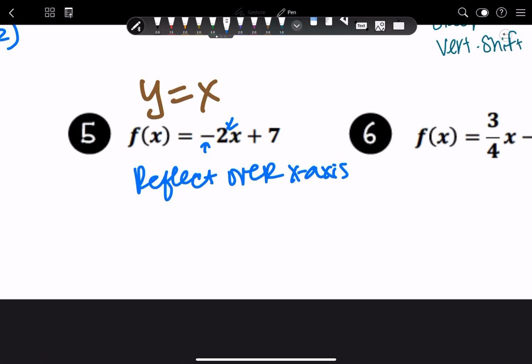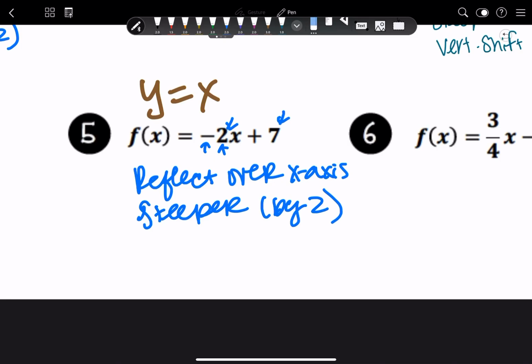Then you see that your slope of negative 2, concentrate on the 2, and because it's more than 1, it's going to be steeper. And you can say by 2. Your y-intercept is a positive 7. Because if it's a positive b, you're going to go up 7 units. And that's a vertical shift.